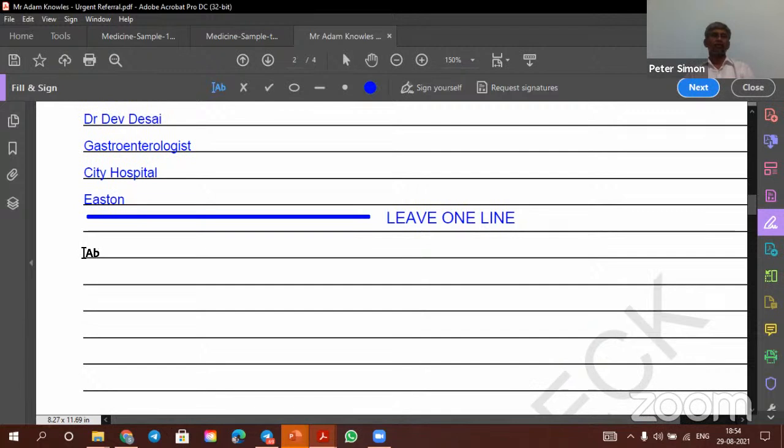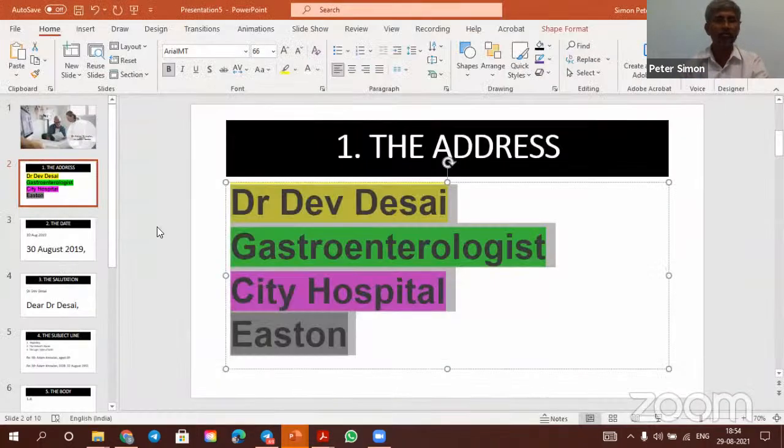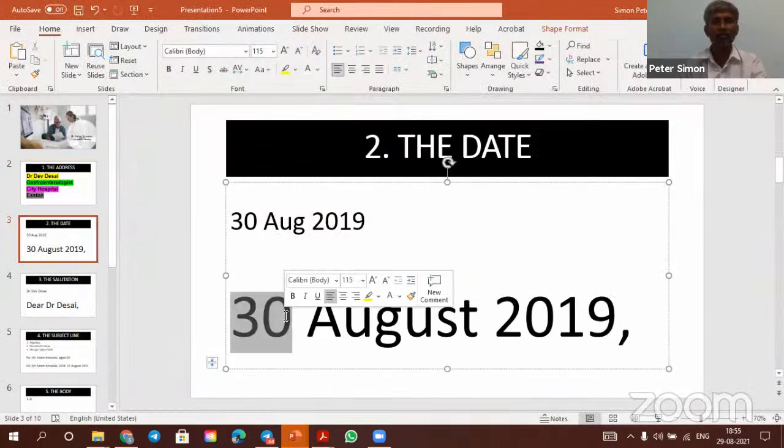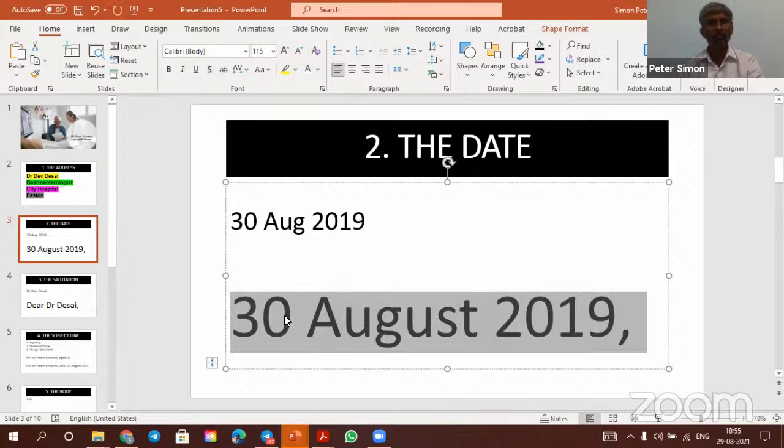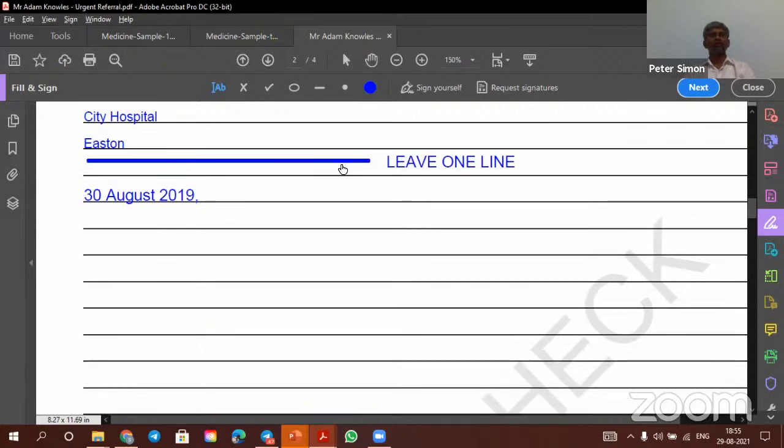Then next here, you have to write the date. The second one is the date. With or without a comma, write the date. Finish. Leave one more line.